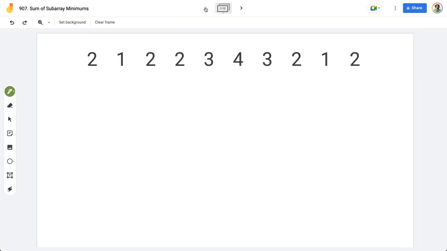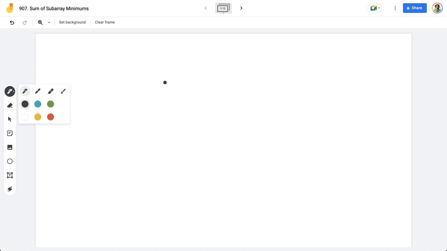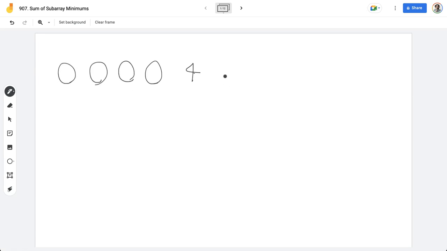Let me delete this example, I don't need it now. Let me have an imaginary number like 4, and there are some other numbers to the left of 4 and some other numbers to the right of 4. In order for 4 to be the minimum in one subarray, first of all, 4 itself should be included.